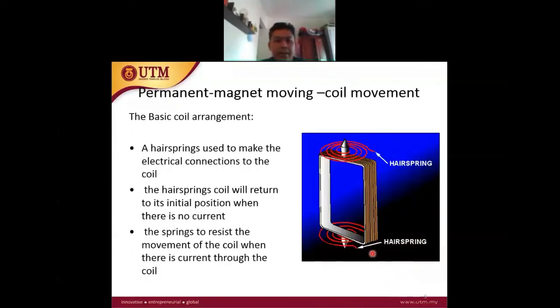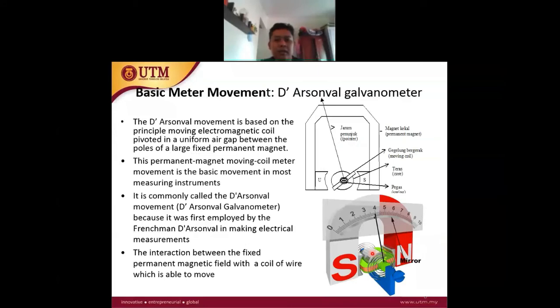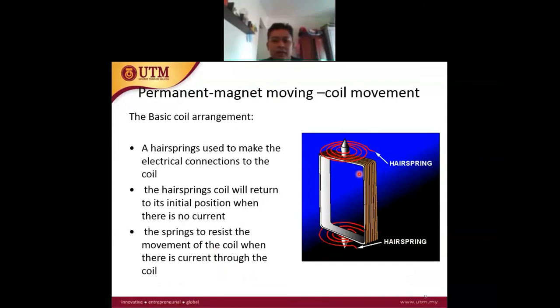The interaction between the fixed permanent magnet and the coil of wire makes it turn. We will look into that in detail. This is what I explained about the case of the conductor: the piece of conductor is wound on the outer side of the case.